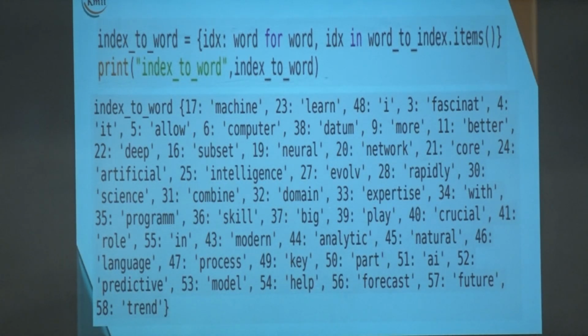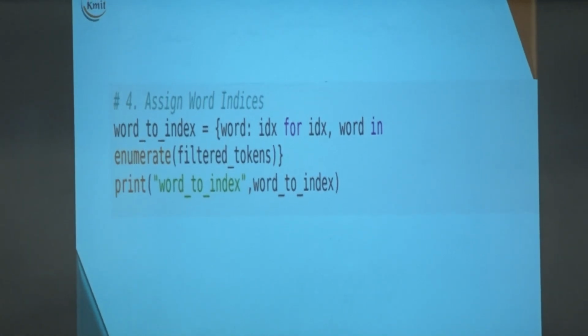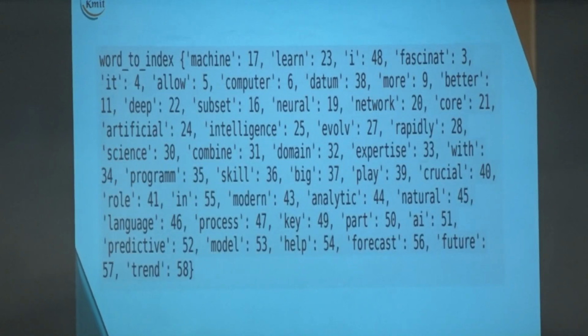So what are we doing in index to word? First we are getting, check here, in word to index, what are we doing here? For word in enumerate of filtered tokens, through the enumerate function you directly get your position, the index. So you got the word and position through the enumerate function there. You will use this to create your index to word.